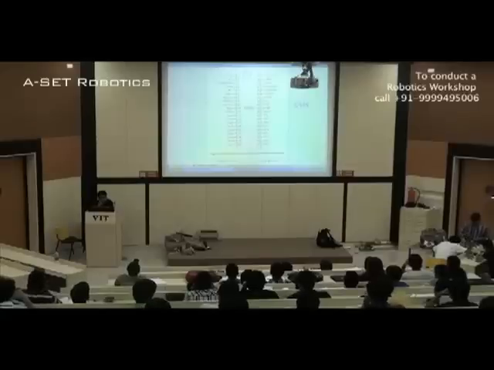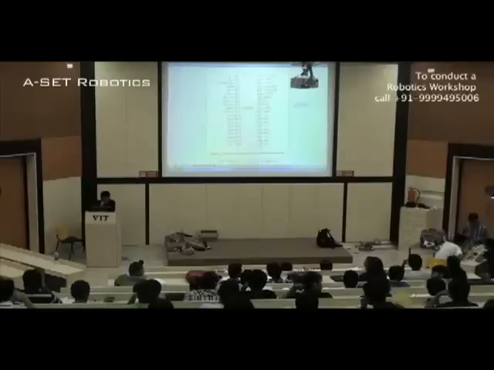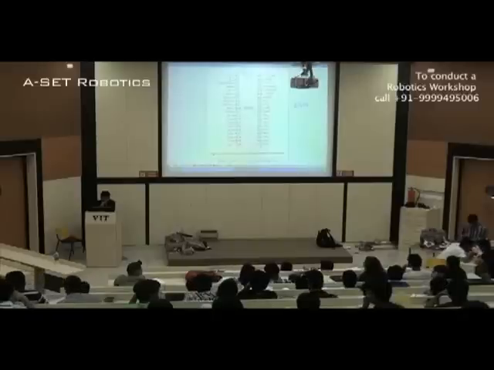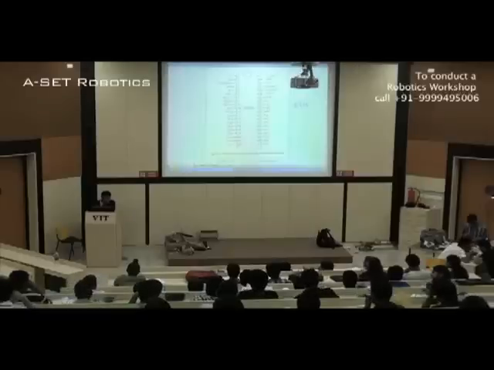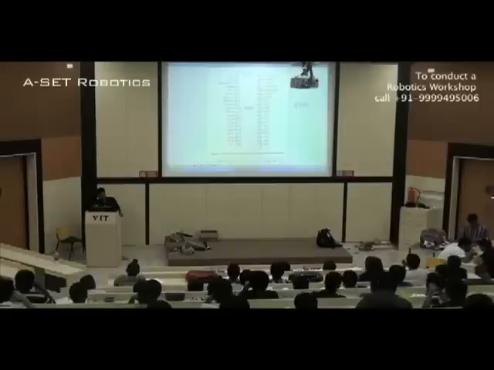So 2 raised to power 16 is equal to 65,536. That's why it can access 64 KB, right? Perfect? Getting my point? Why it can access 64 KB?